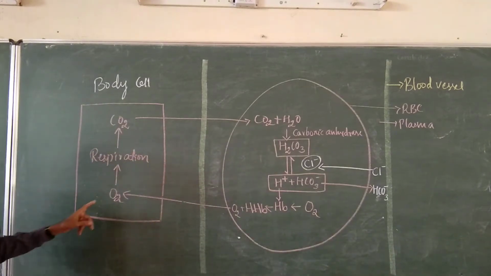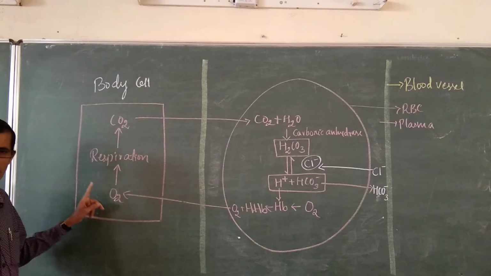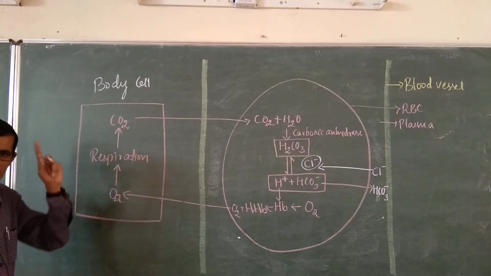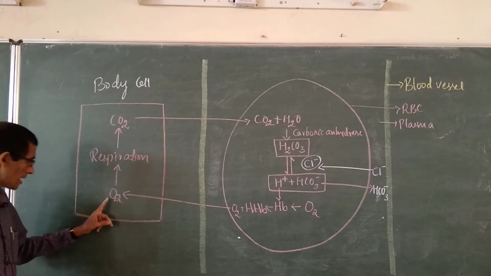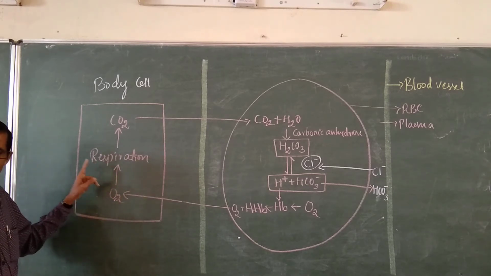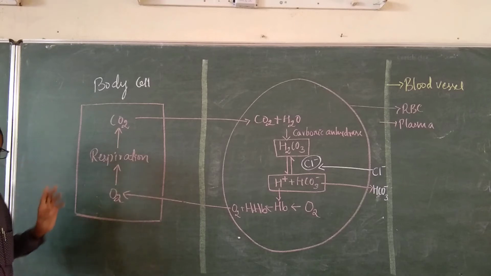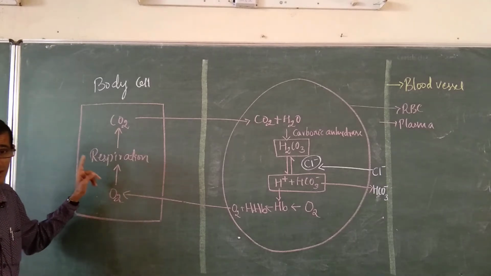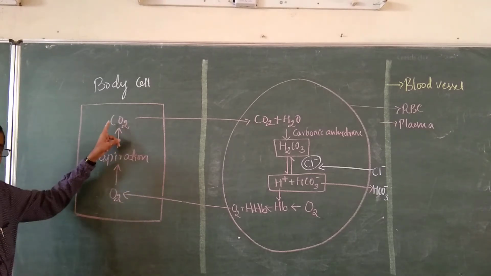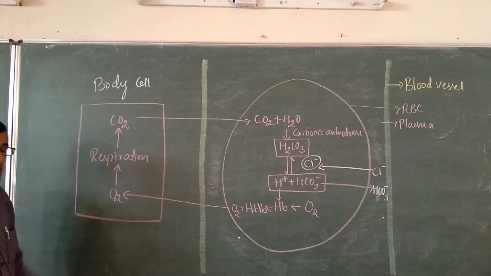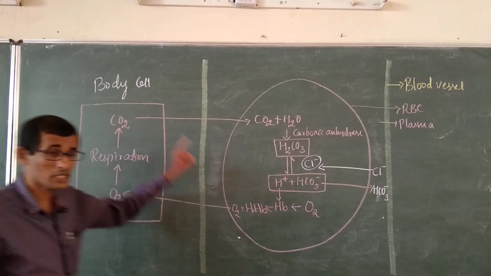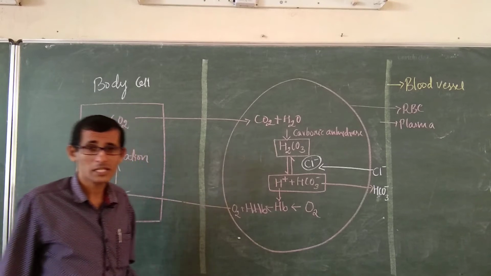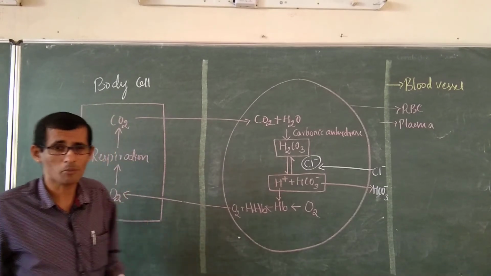Oxygen enters the cell and is utilized for respiration, that is cellular oxidation, resulting in the release of carbon dioxide. About 70% of that carbon dioxide is transported through bicarbonate ion.